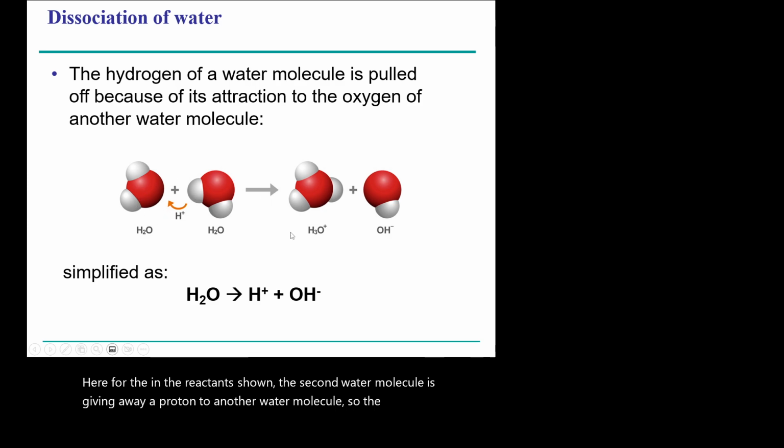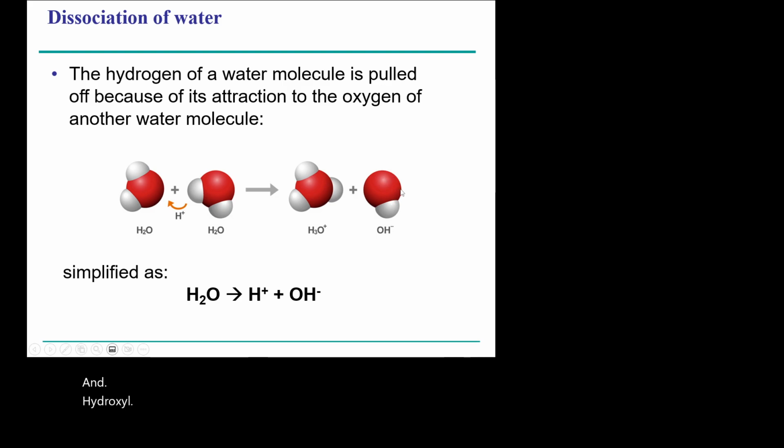So the result of this, the products, would be H3O+, which is called hydronium, and hydroxyl, OH-. Now this can also be simplified as H2O breaking into protons, or H+, and OH-, or hydroxyl.